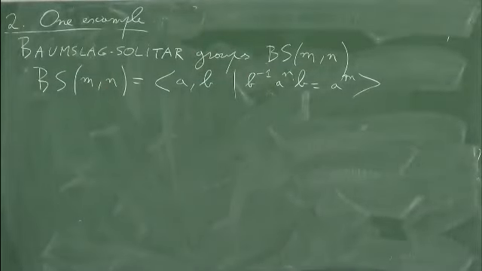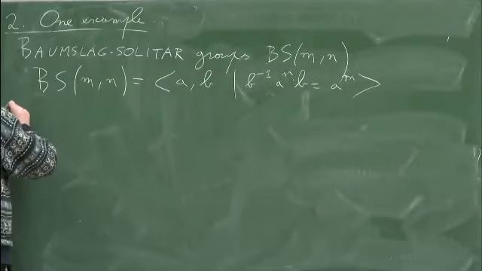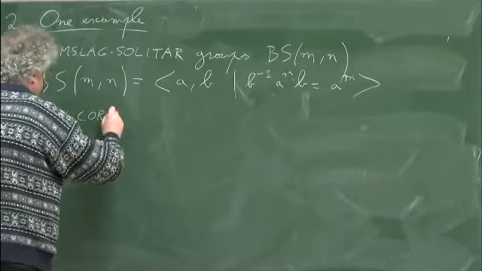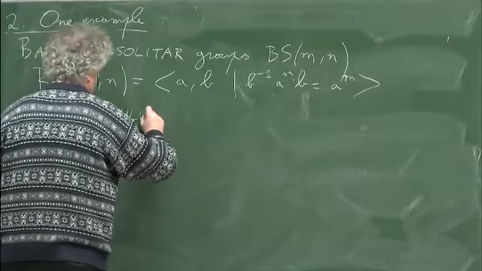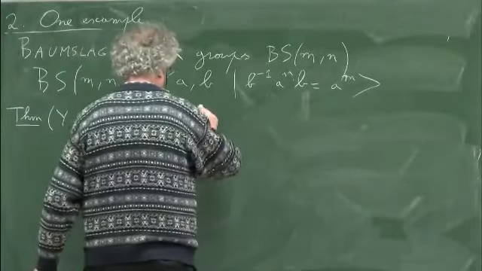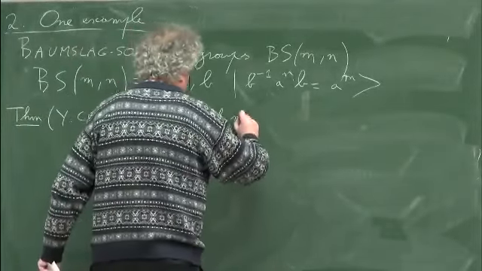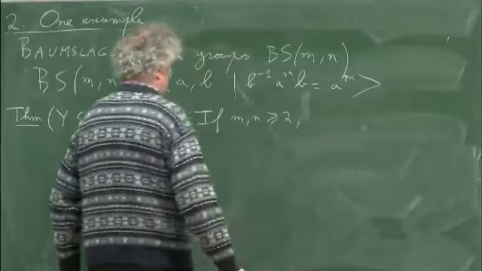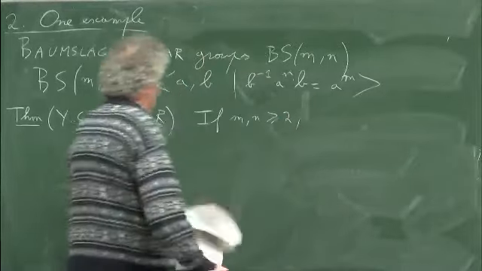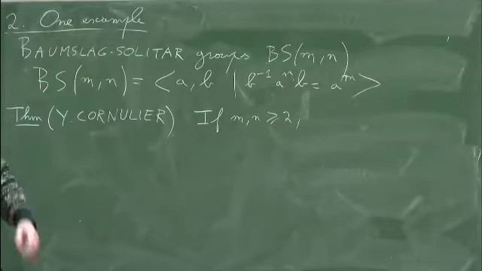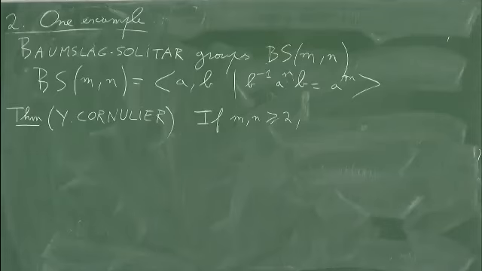And here's the theorem, which is due to Yves Cornulier. If one of the exponents is 1, then the group is solvable, and so this is really special.